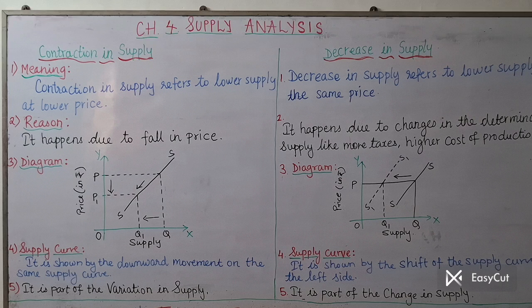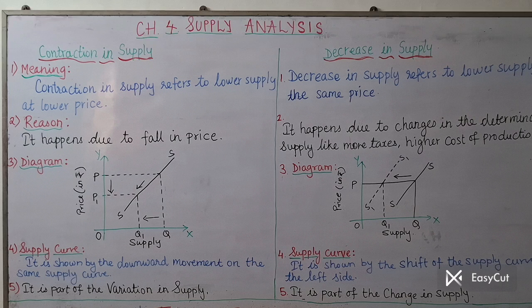Contraction in supply: here we have to show that as the price reduces, the supply also lowers. So that is what we are showing on the board. OP, original price level on the higher side. OQ, original supply on the higher side. So there we are getting the supply curve. The curve will remain the same. Afterwards the price reduces to P1.